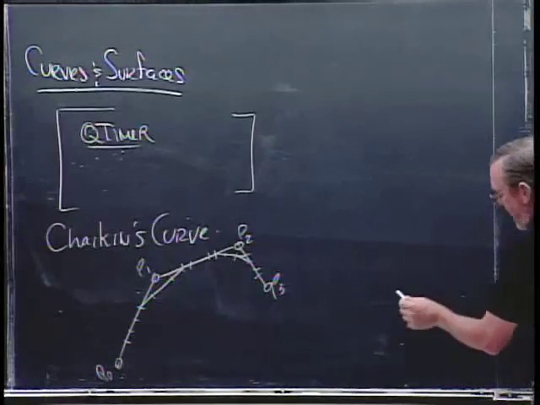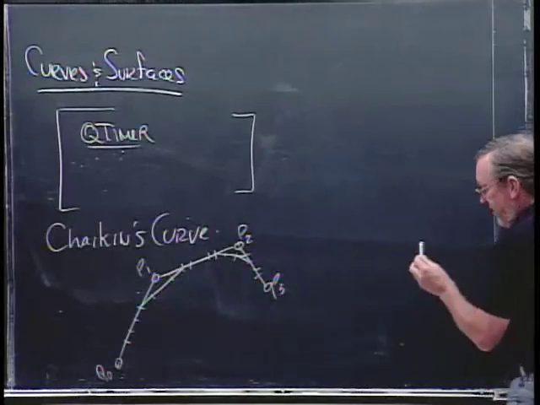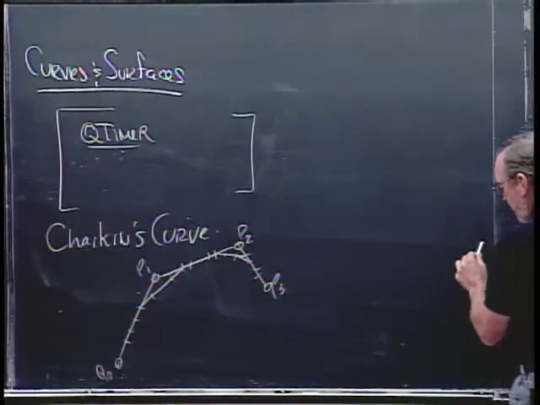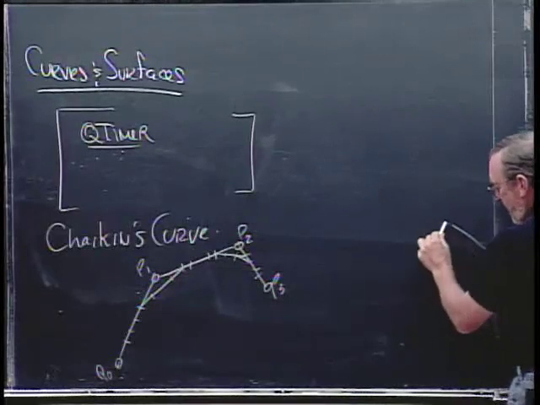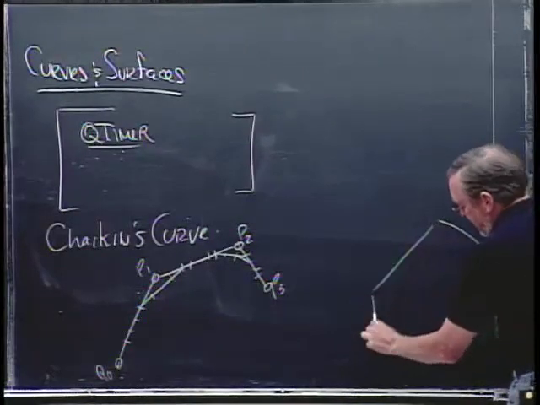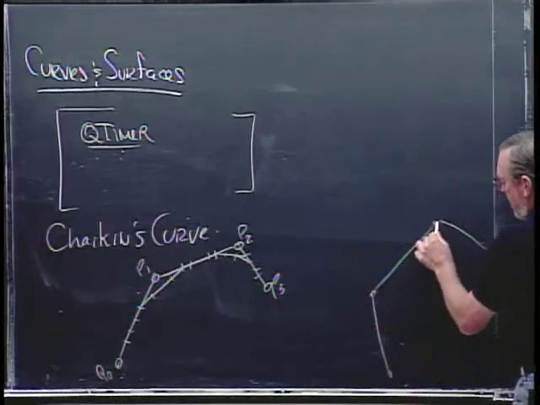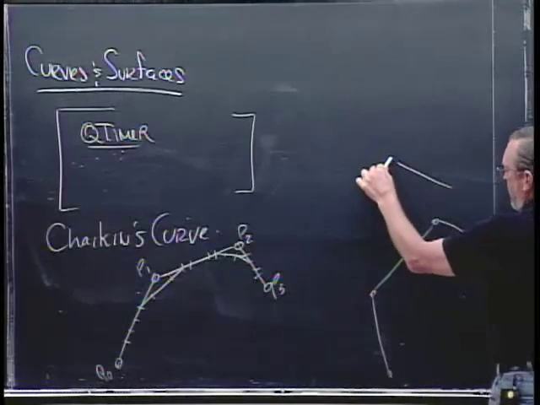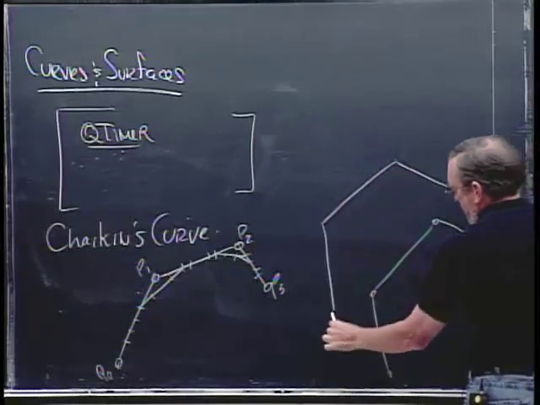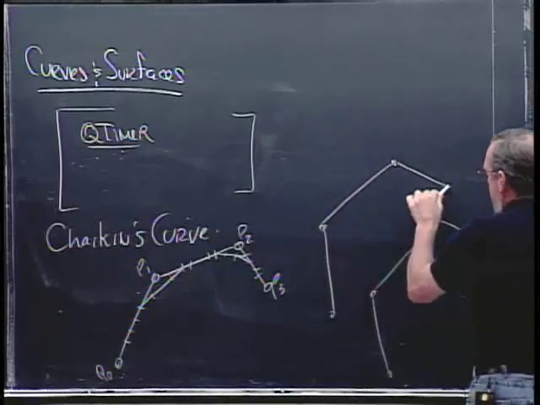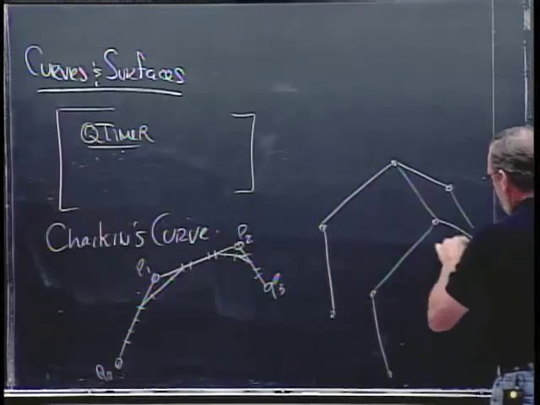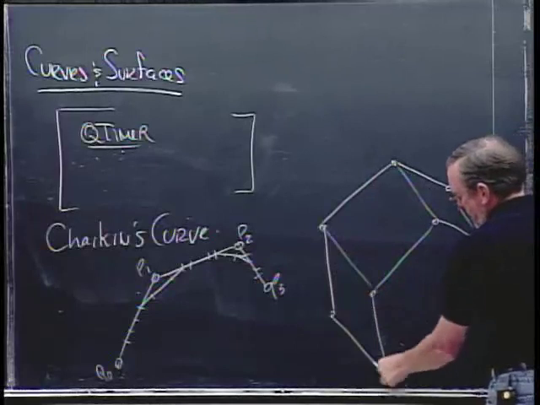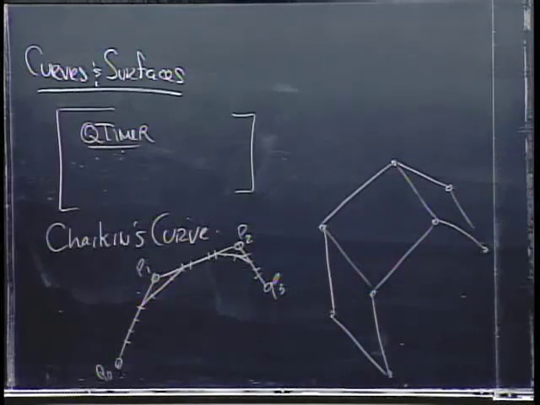Well, now you can easily figure out how to do a Chaikin's type of surface by taking two of these curves that are identical, but maybe translated over a bit, and you can connect these things up into polygons, like that. Okay?